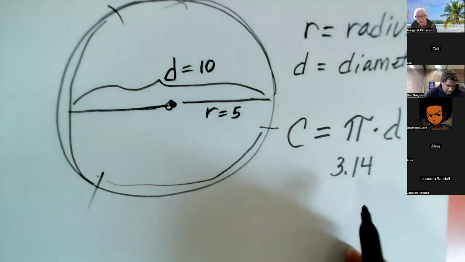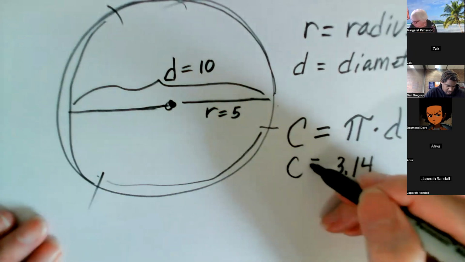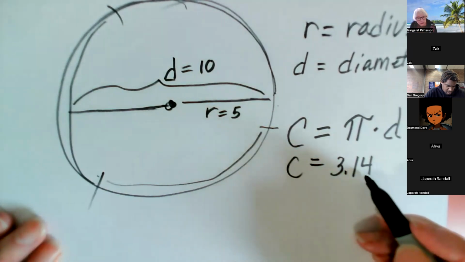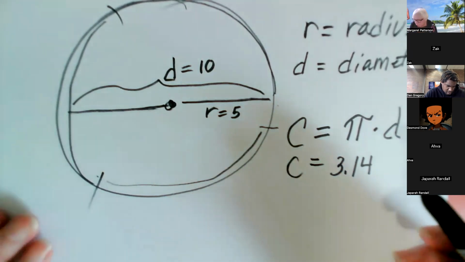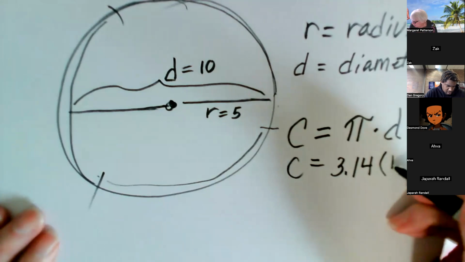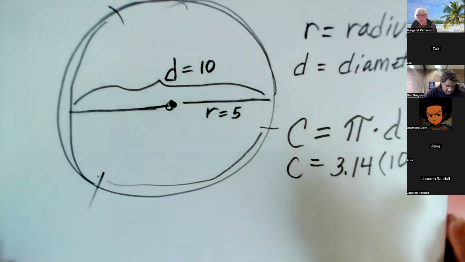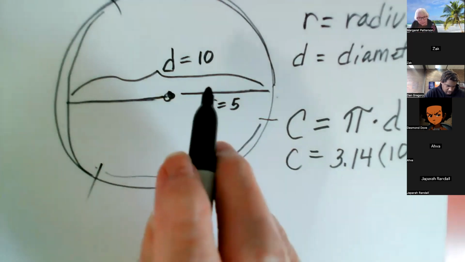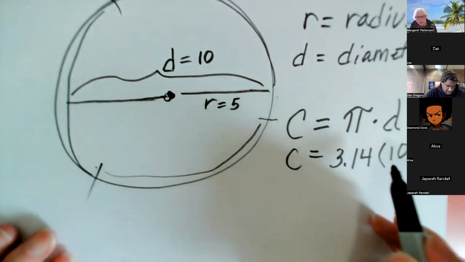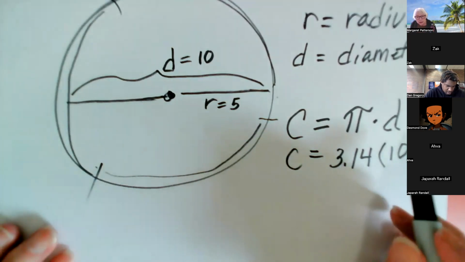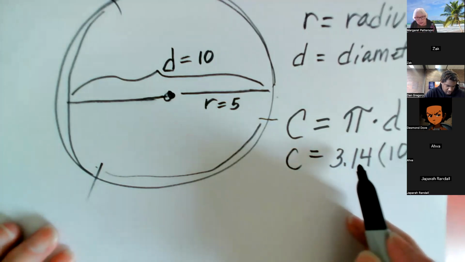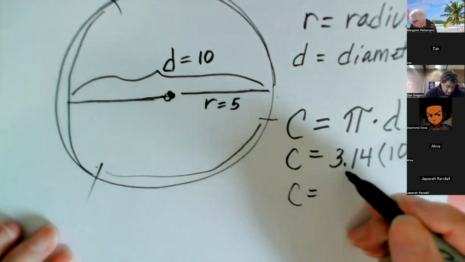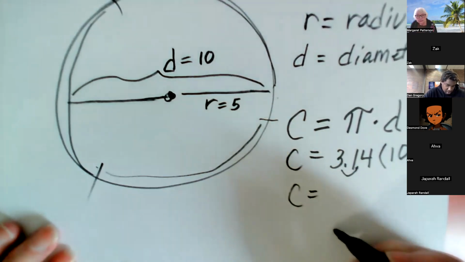But here's the formula: circumference. So this is the answer that they typically will tell you. Pi is used as 3.14. The diameter in this problem was 10. I picked these numbers because when you multiply by 10, it's a decimal shift, 1 place to the right.